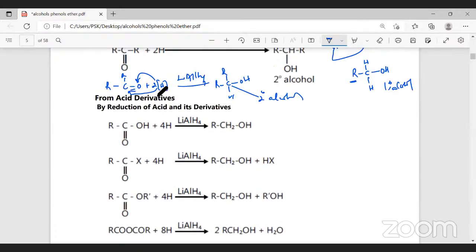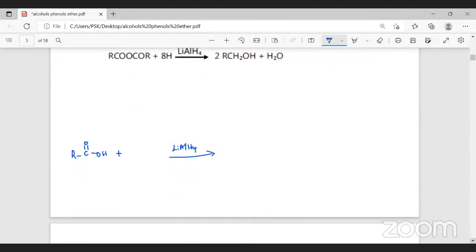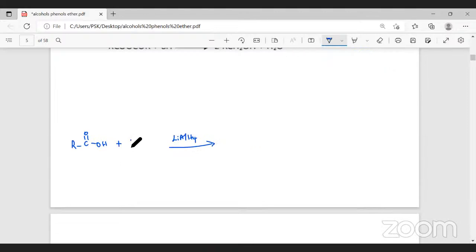For the earlier reaction we require 2 nascent hydrogen, but with carboxylic acid and its derivatives, we require 4 nascent hydrogen. So 1 mole of carboxylic acid reacts with 4 moles of nascent hydrogen.